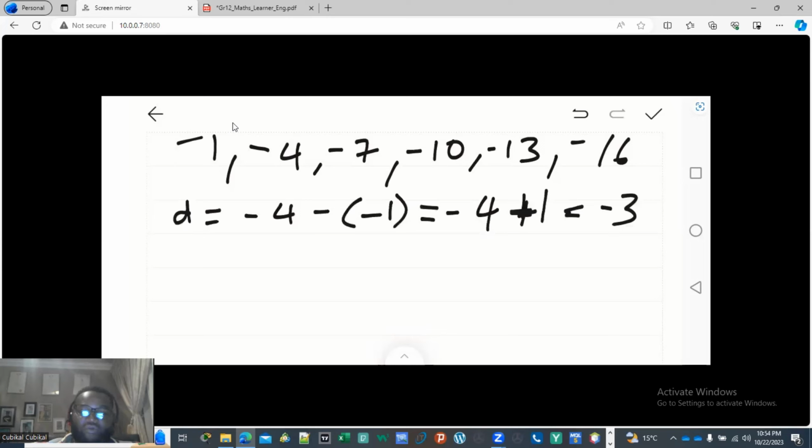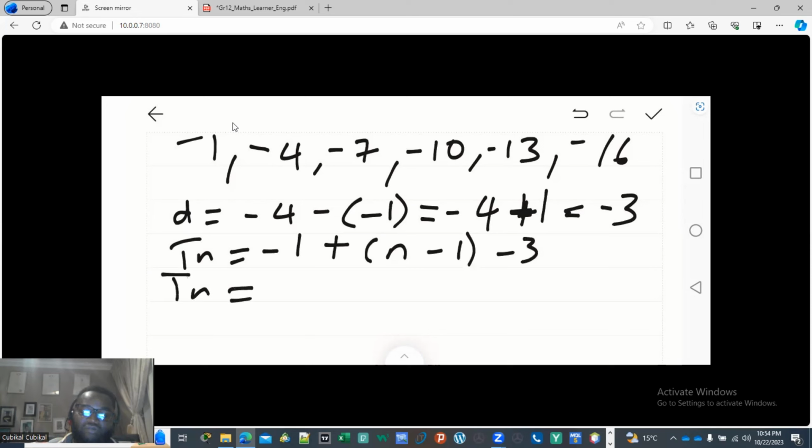So that is your common difference, then we're going to determine Tn. Minus 1 is the first term. And then we are adding n minus 1, and the common difference is minus 3. And when you work this out, you're going to have minus 1 minus 3 times n minus 1.